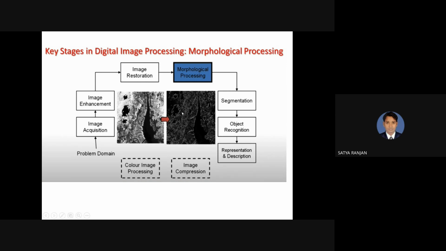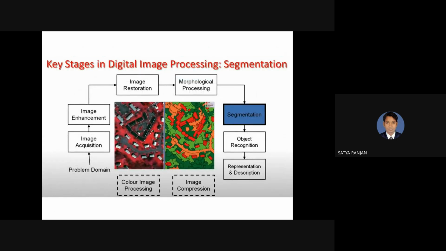Then the segmentation part. In the segmentation part, there are different settlements, different pictures there. So we can get the segmentation information based on their reflectance and their different color value.